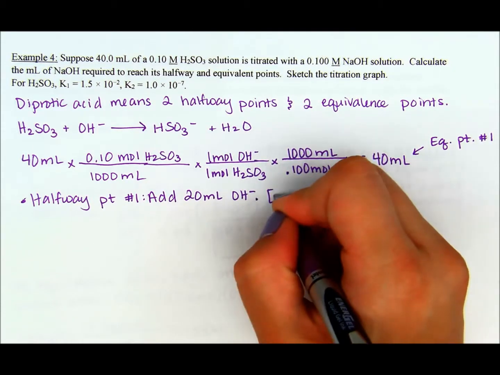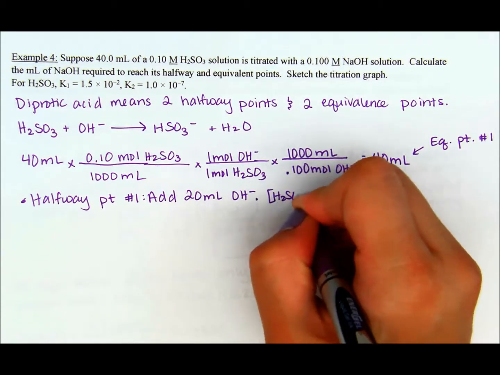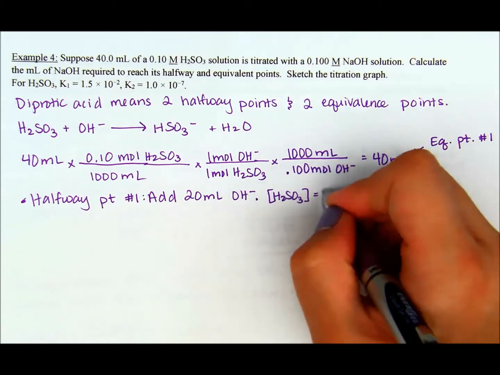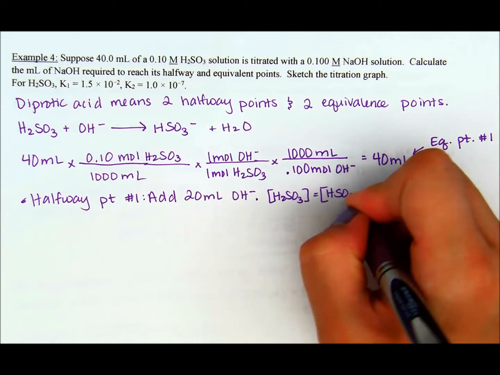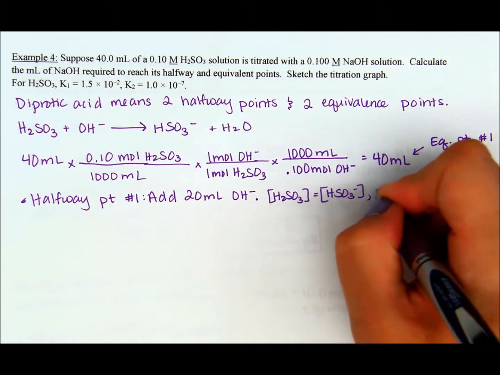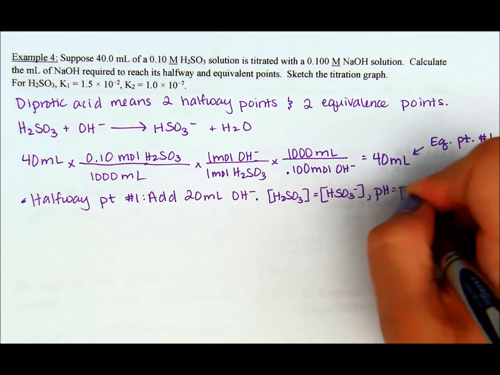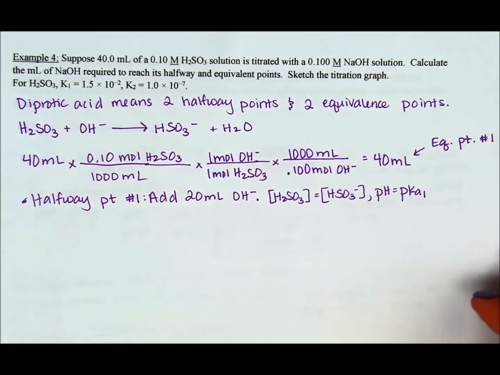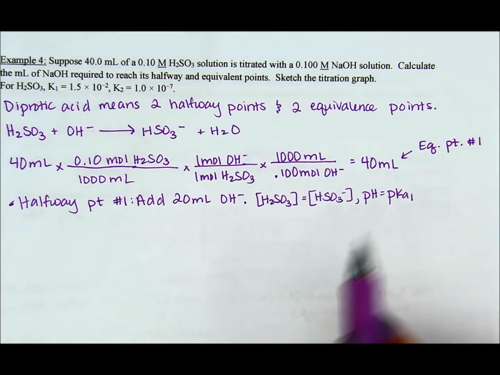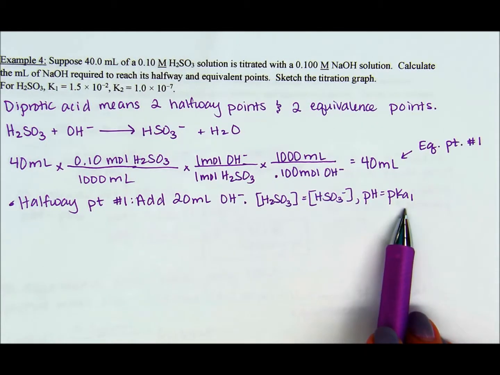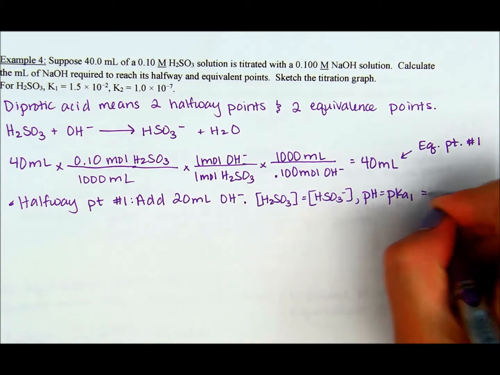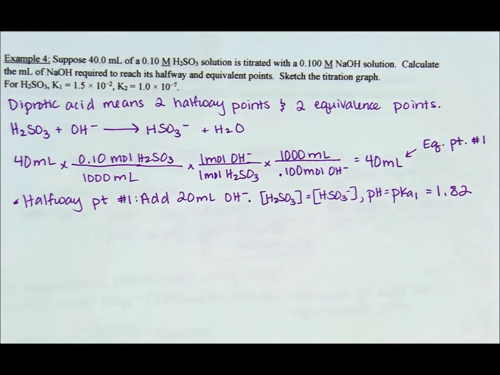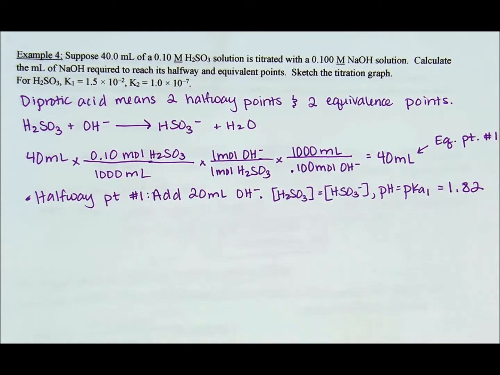We also know that the concentration of your acid, H2SO3, is going to be equal to the concentration of its conjugate base, which is HSO3 minus, and that we know that pH equals pKa 1. So since this is the first dissociation, your first pH depends on your first pKa. So we have our K1, so we take the negative log of that to get our pKa like we have been, and that's going to be equal to 1.82 for our pH.